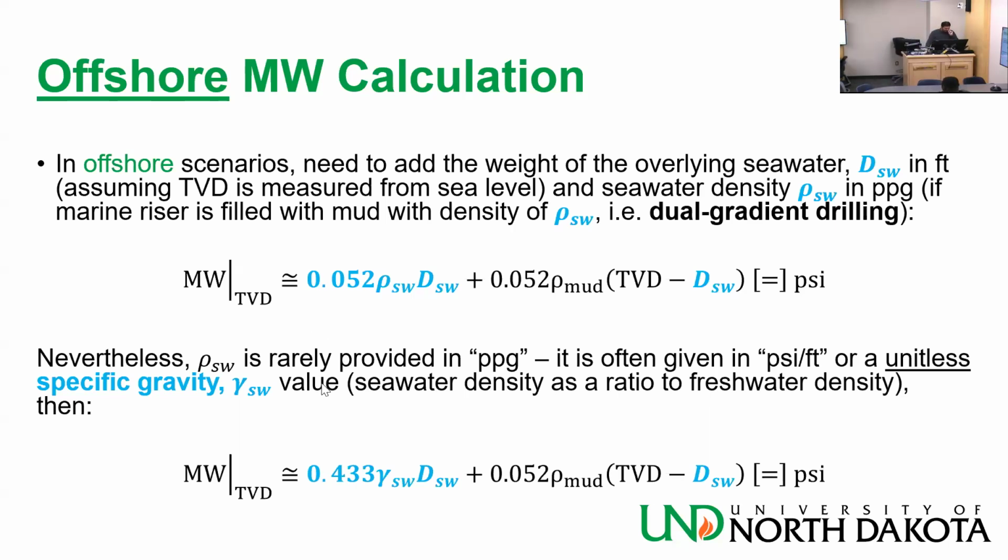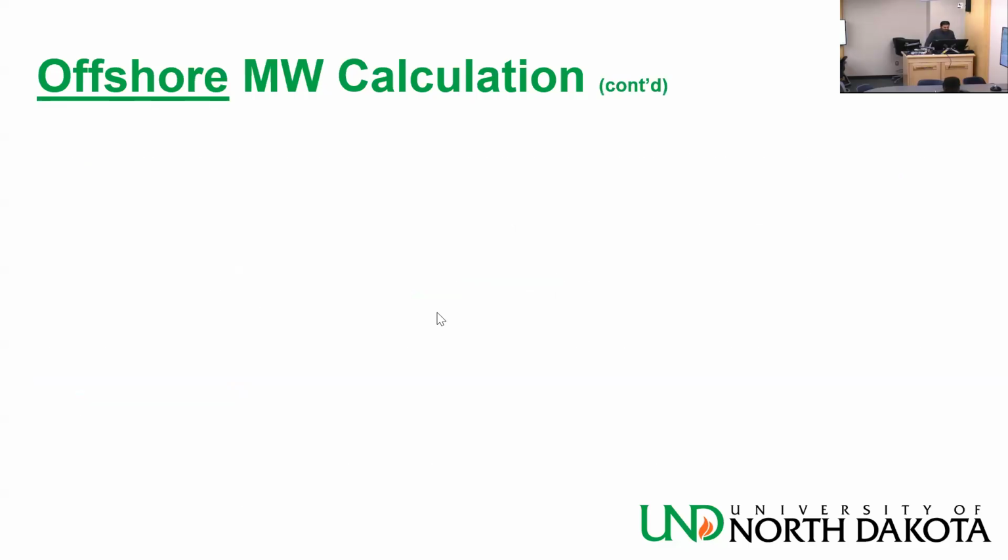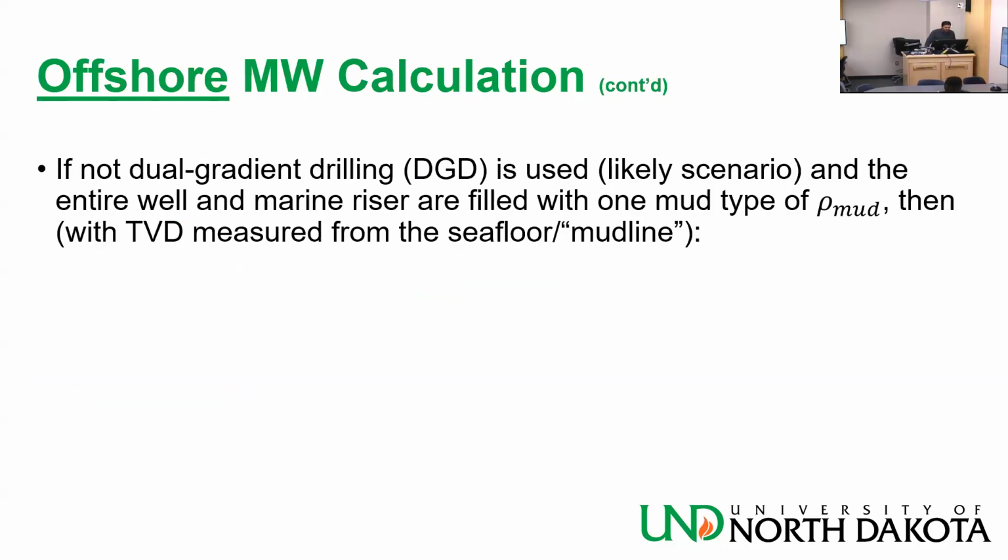So in exams and homework, I make it clear. But if you are in the oil field, or I guess offshore, it may not be the case. If dual gradient drilling is not used, and most likely it won't be, because dual gradient drilling is a cutting-edge technology of today, the entire well and marine riser are filled with one type of mud, raw mud.